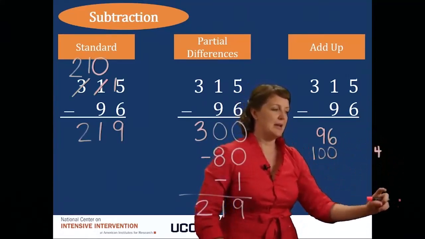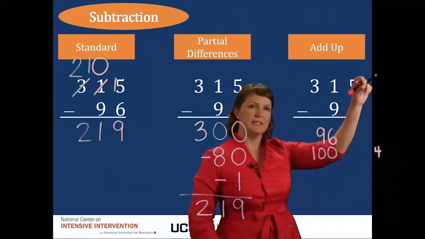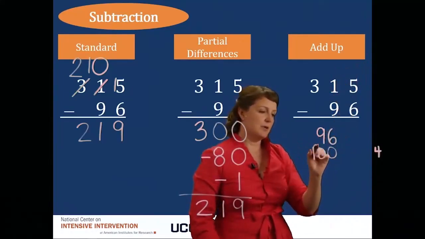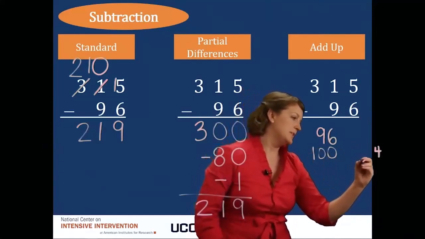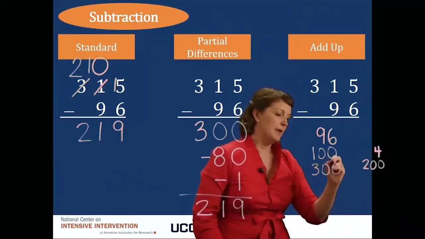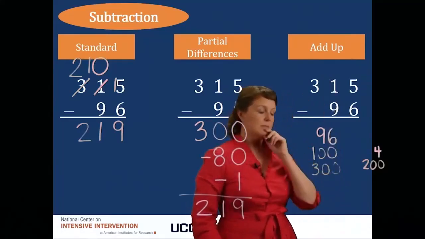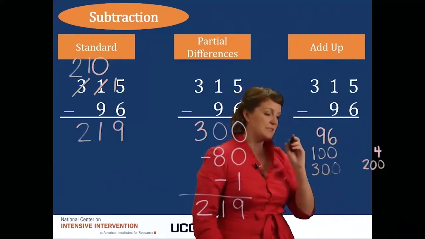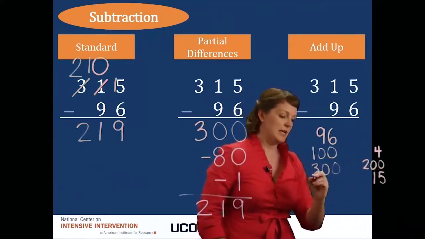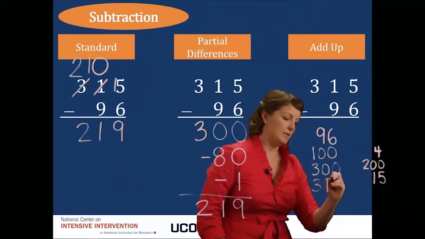This is what I'm adding up to get from 96 to 315. Now I'm trying to get to 300. So I know 100 plus 200 is 300. And I'm still trying to get up to this target number 315. So 300 plus 15 is 315.